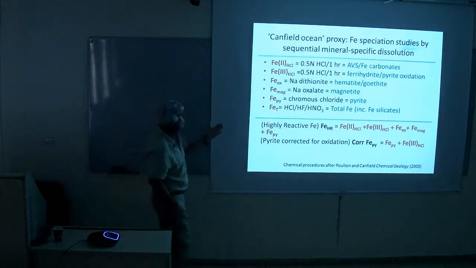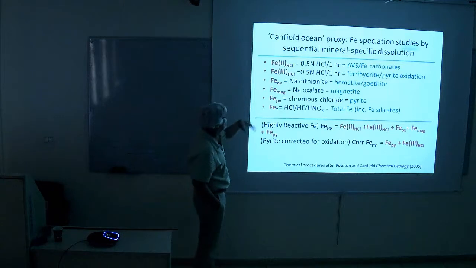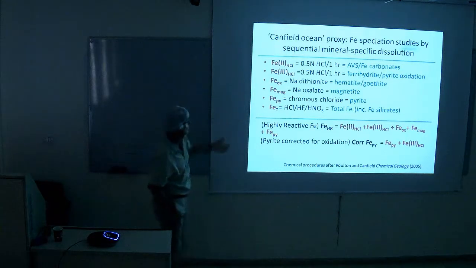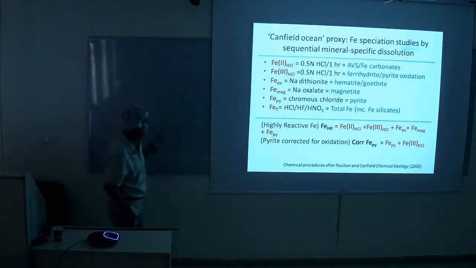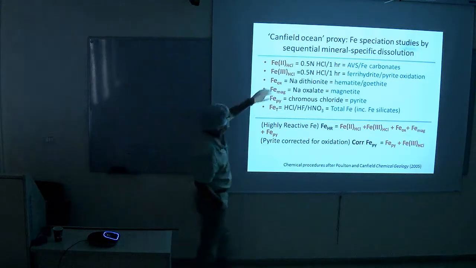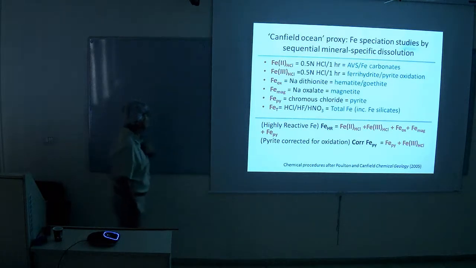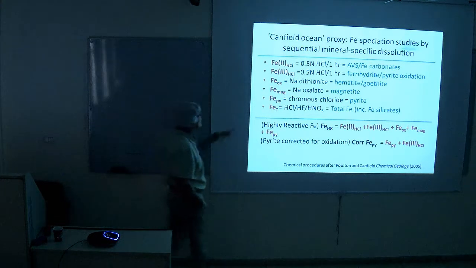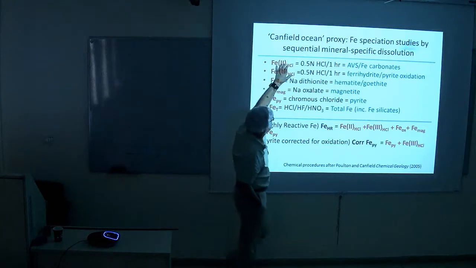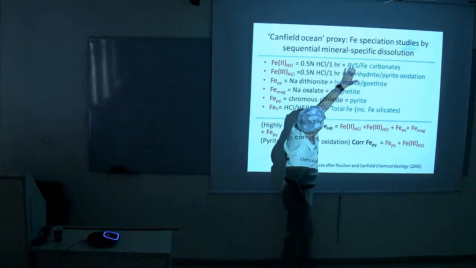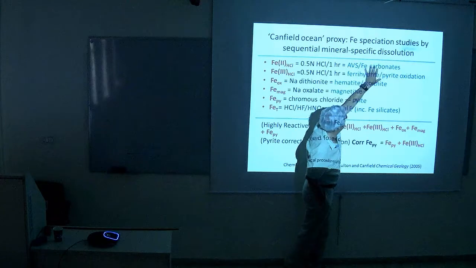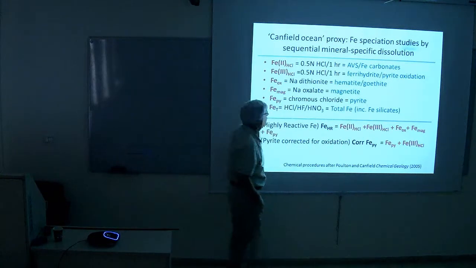I won't go into the details, but the idea is you do sequential dissolutions using different chemicals, and you extract the various iron mineral components from the rock. So what is extracted by Fe2HCl would be acid volatile sulfide or ferrous carbonates.